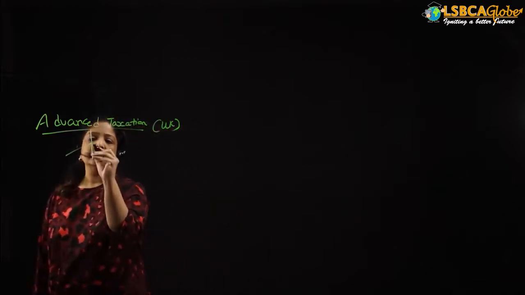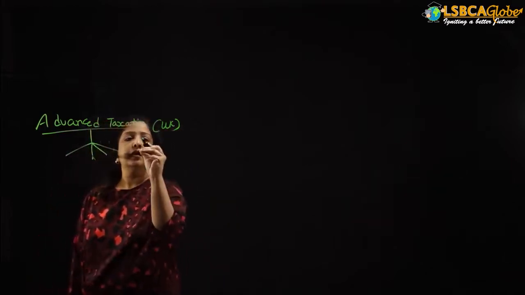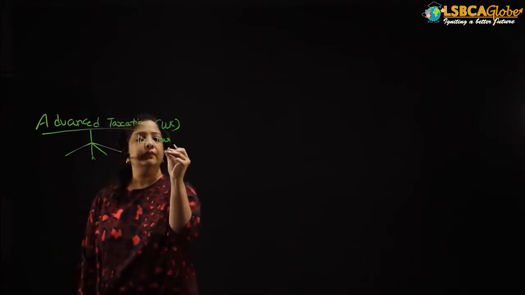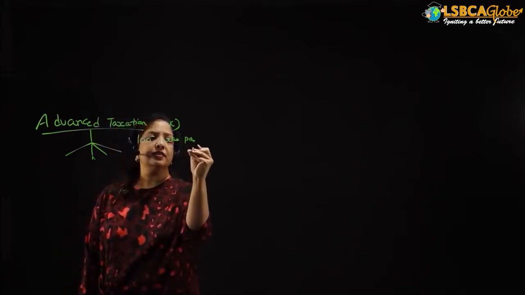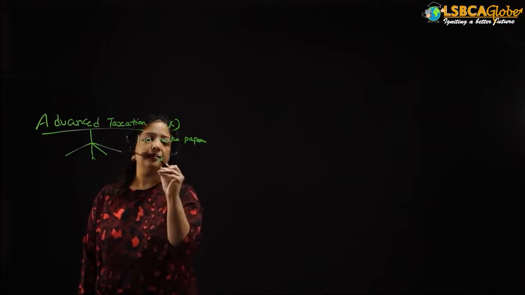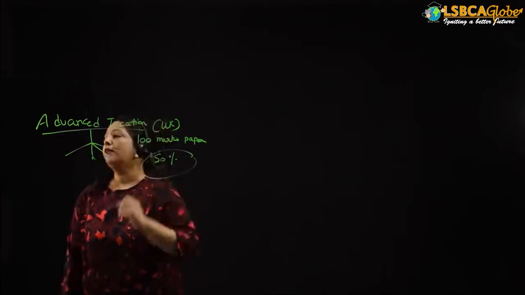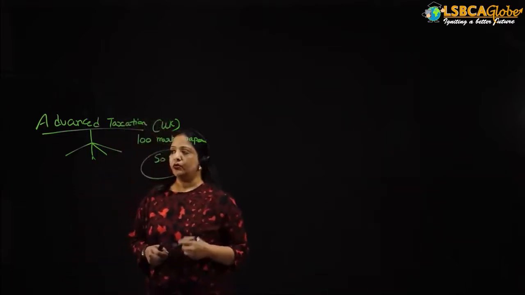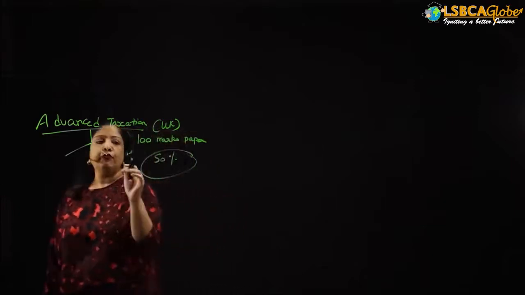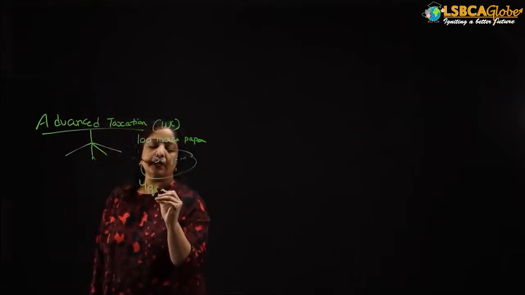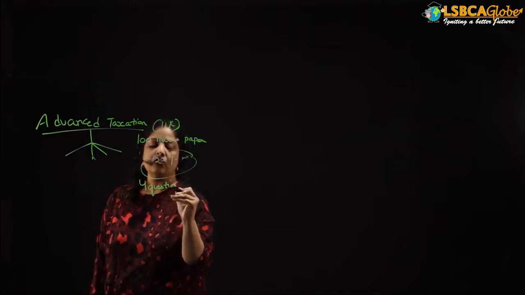Just look here class. Total it is going to be a 100 marks paper. Pass percentage is 50%. You have to obtain 50% marks in order to pass, right? Four questions are going to come in your paper without any choice.